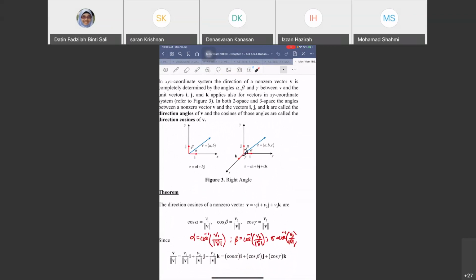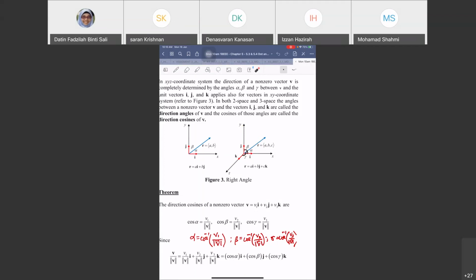If we are dealing with a three-dimensional coordinate system, where we look at one vector r, this vector has three direction angles, which are the angles formed by the vector with the three axes x, y, and z.